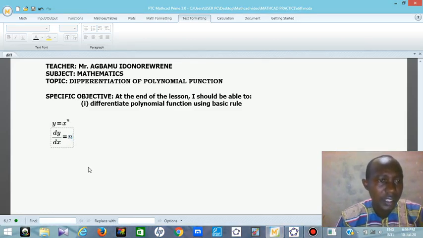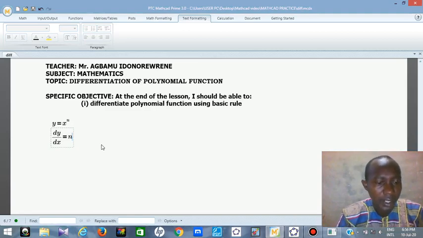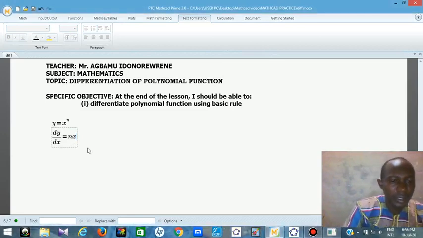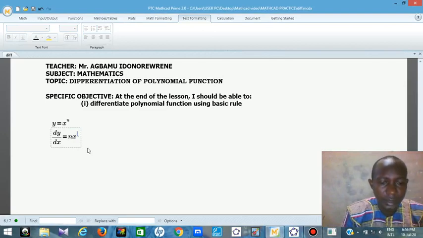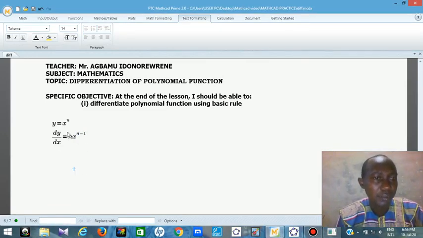The coefficient of x in y equals x raised to power n is 1. So n times 1 is n, so n x raised to power n minus 1. Okay, so this is the basic rule of differentiation.